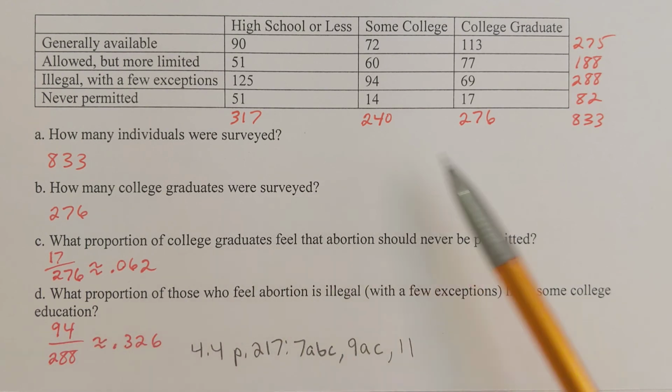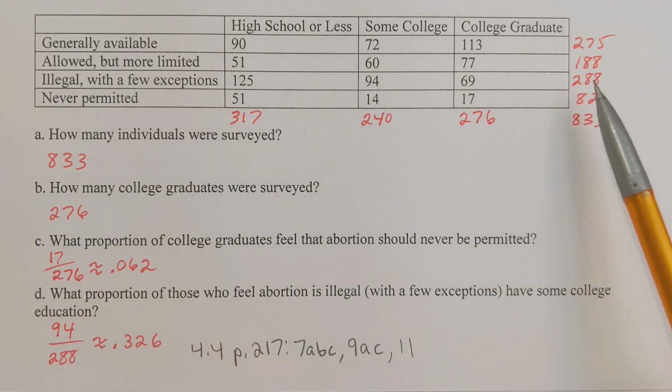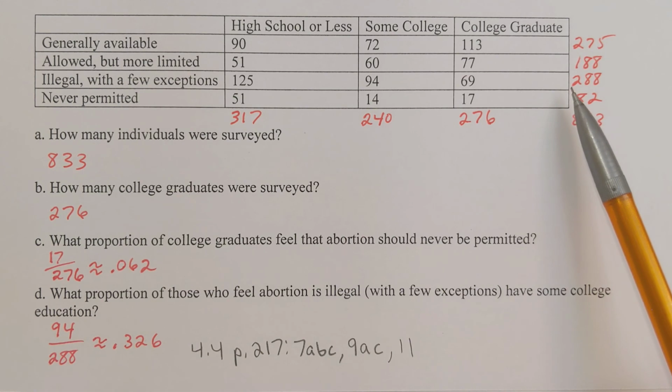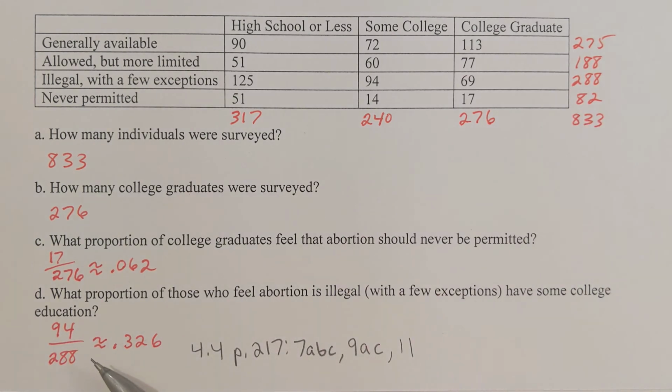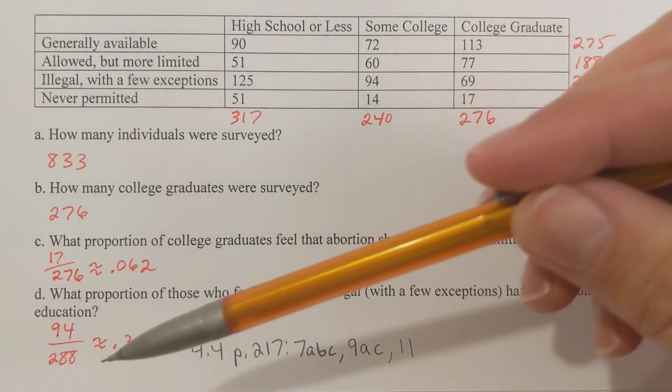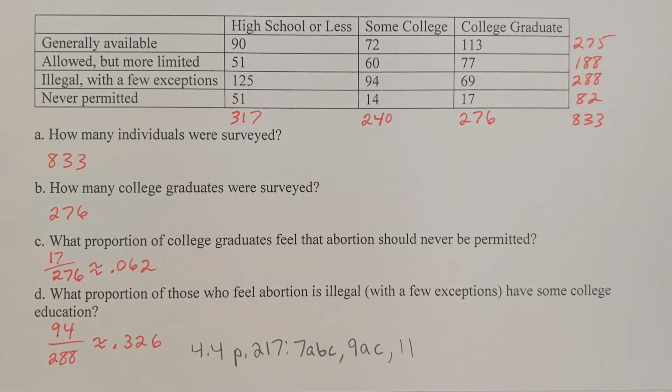Divide by the total in that row, which is 288. So 94 divided by 288 is roughly 0.326, or 32.6% have those feelings.